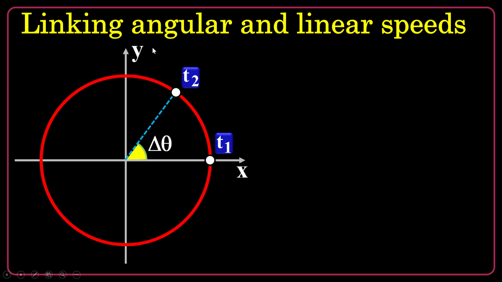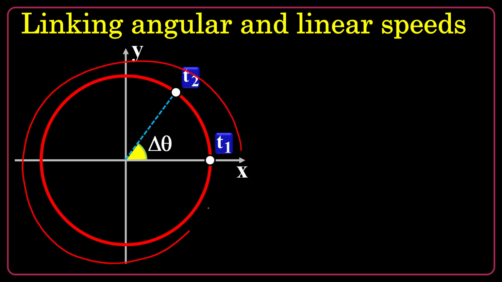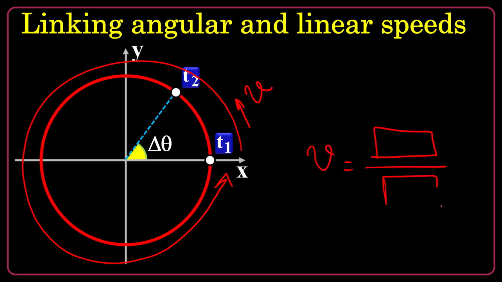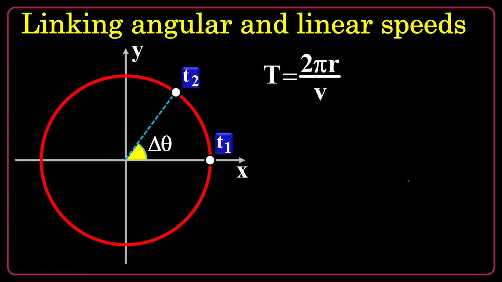Now I'm going to link angular and linear speeds. Let's say that an object is moving on the circle at a speed of v, okay? v is going to be the total distance traveled divided by time. Let's say the object goes round the circle, so the total distance traveled is the circumference of the circle and the corresponding time is a period. If I solve it for T, T is going to be the circumference of the circle divided by v.